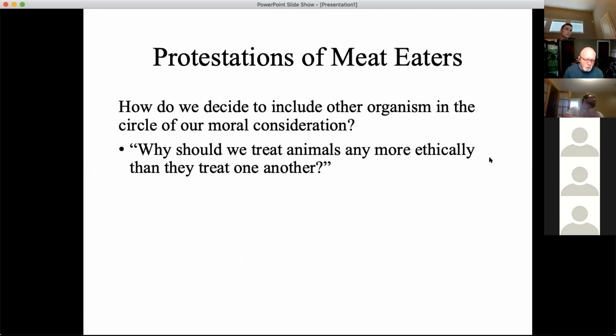And so to extend the natural behavior of other organisms and impose that on ourselves might not be a reasonable thing to do. If we took this view to apply to us, in reality, would we want to live in a society where we're subject to nothing more than the laws of nature?